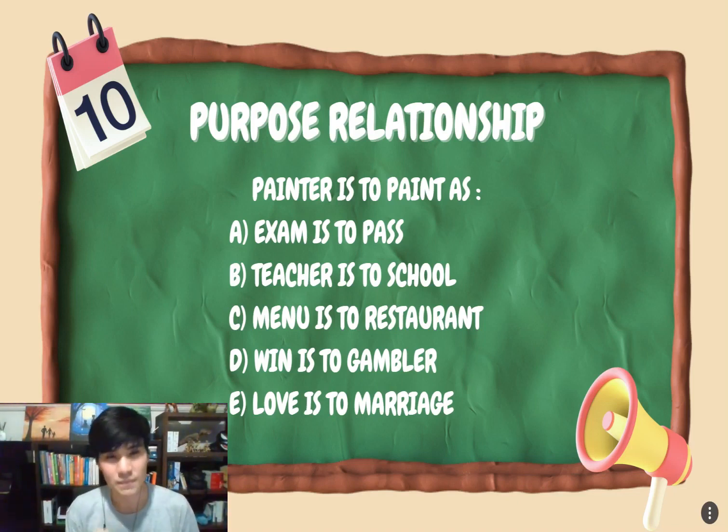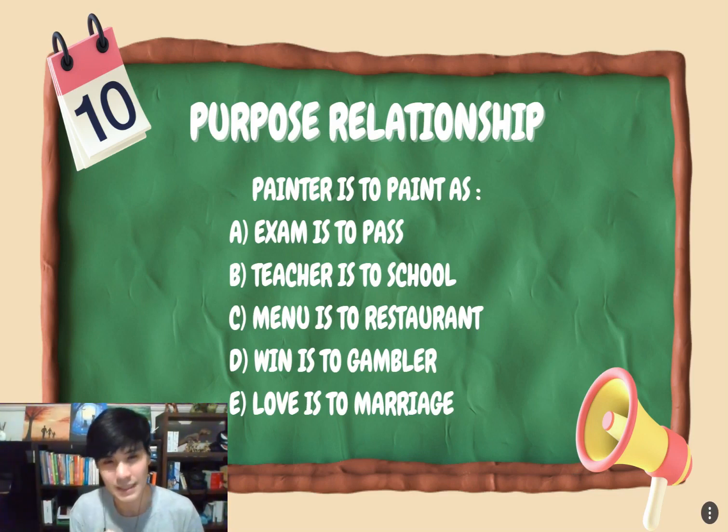Let's look at D. Win is to gambler. If you look at this carefully, you can see how the performer and the agent of the performer are swapped. The reason for gambling is to win, so the purpose of a gambler is to win. That can be a possible answer. But before you jump into that, you need to look at all the choices available to you.